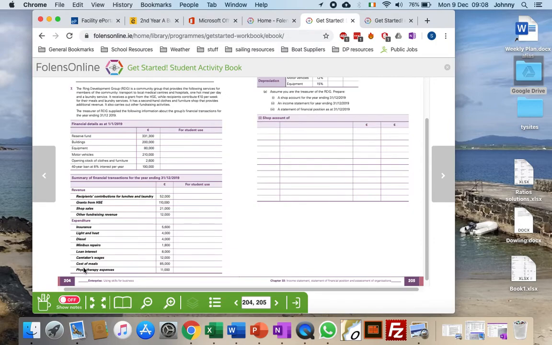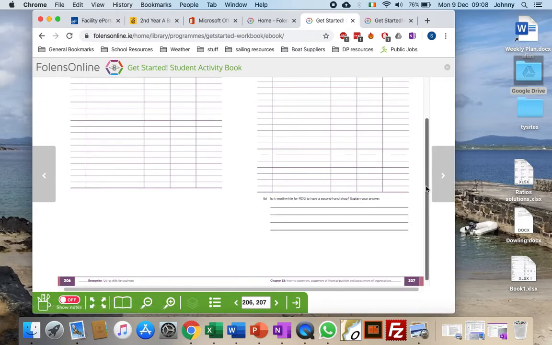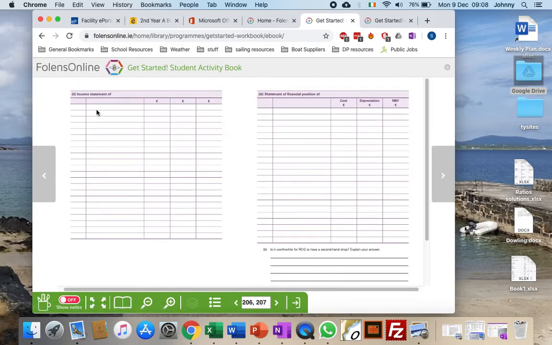I don't see anything on shop purchases, so therefore shop purchases in this case would be 0. So we'll put all that into our shop trading account, and whatever profit we make in the shop, we'll then transfer that across, and that will be one of the main incomes in our income statement. I know in the example in the book you might see revenue, but revenue is the same as income. So I hope that makes sense to you.